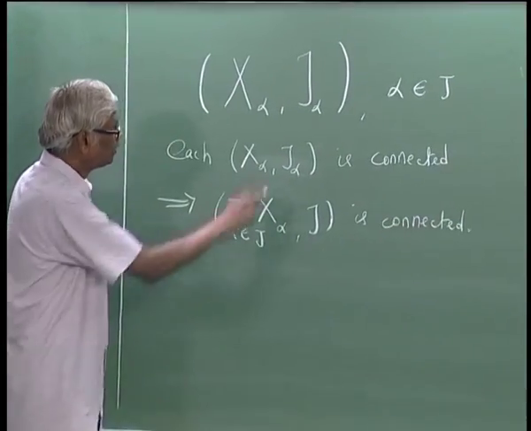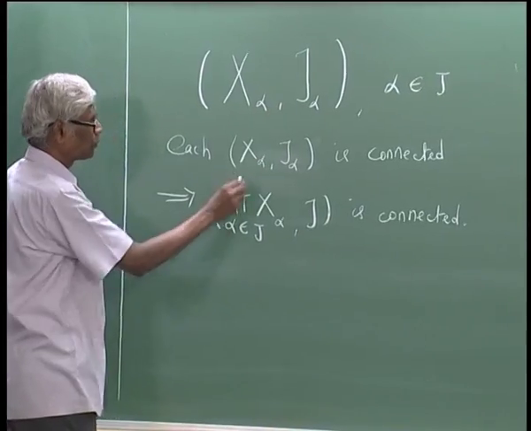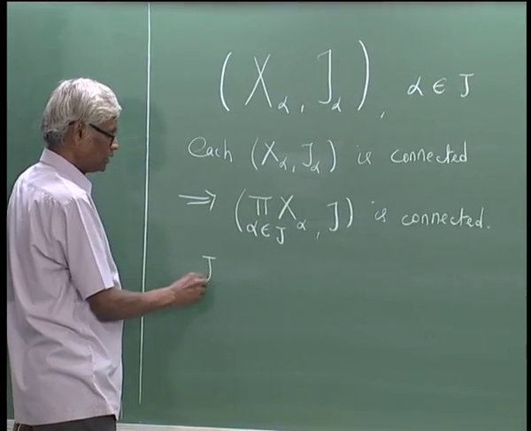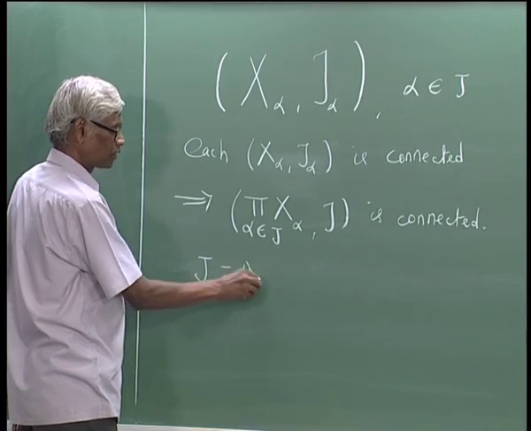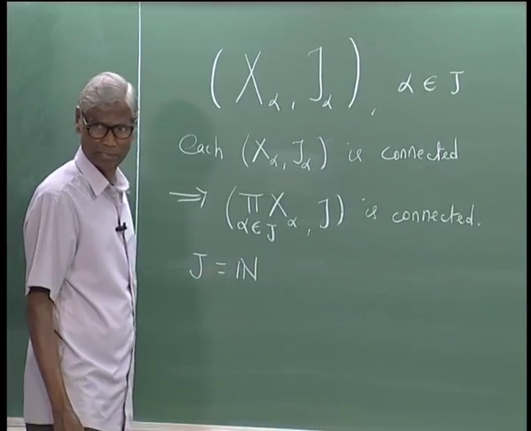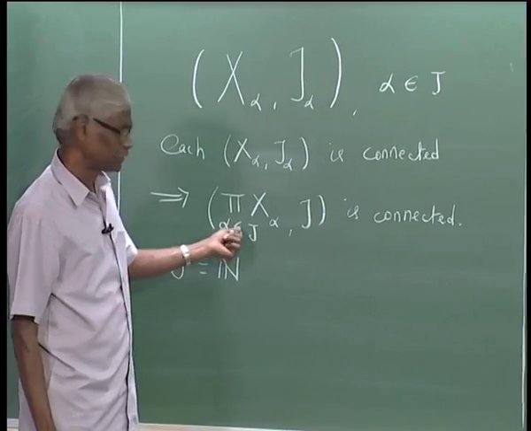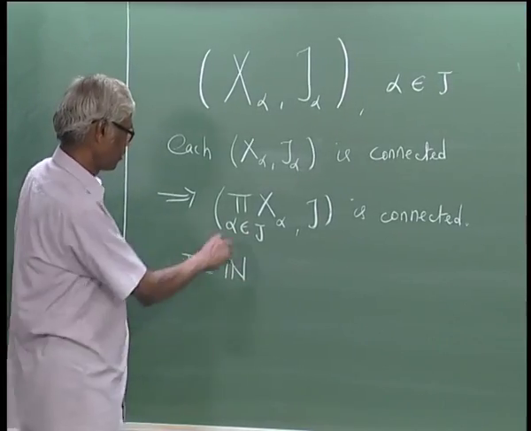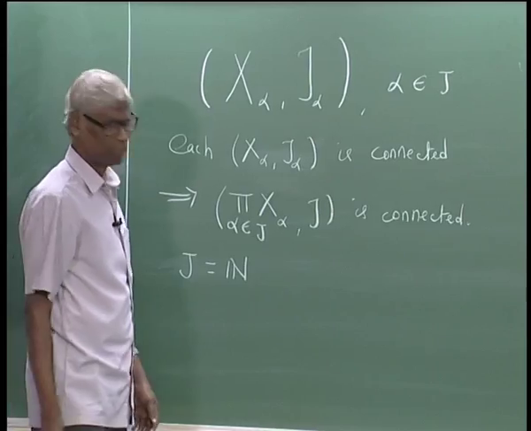Though we have seen the proof by taking J equal to the set of natural numbers, essentially the proof is the same for an arbitrary case.